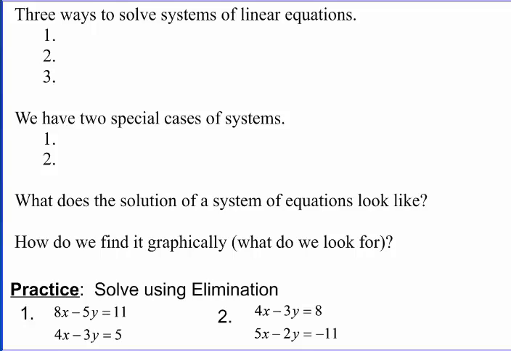List 2 special cases of systems. And then what does a solution for a system of equations look like? And if you're looking at a graph, what are you looking for to find the solution to your system of equations? Then I have 2 systems of equations that I would like you to solve using elimination. These are like our earlier examples in this lesson. And we will go over all of those in class next time.